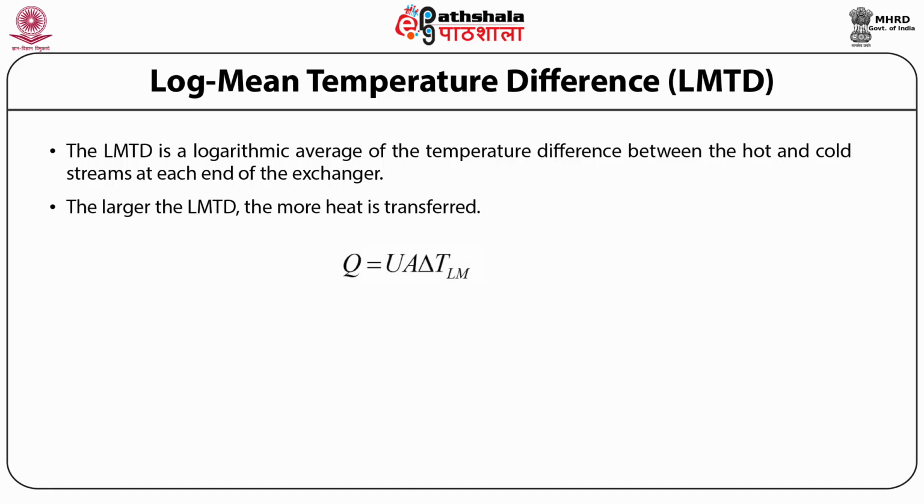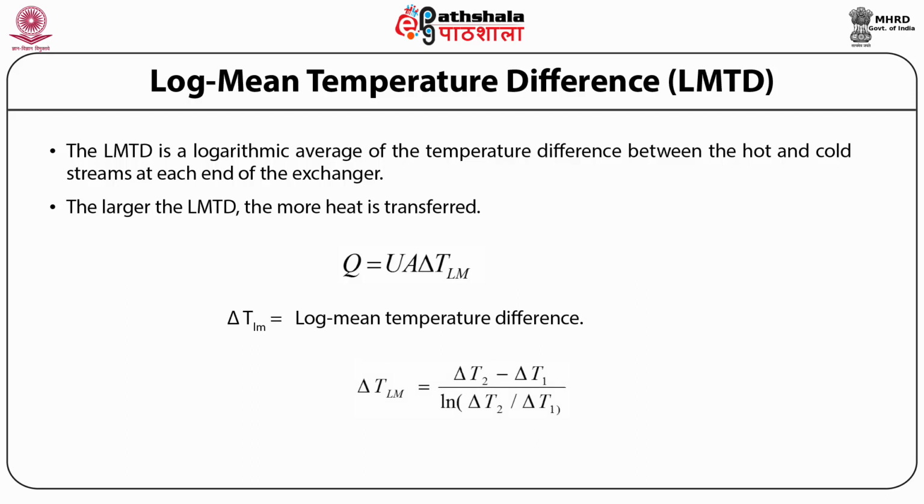Q is expressed as Q equals U, overall heat transfer coefficient, into area into log mean temperature difference. The mathematical expression is del T LM equals del T2 minus del T1 divided by ln of del T2 by del T1.